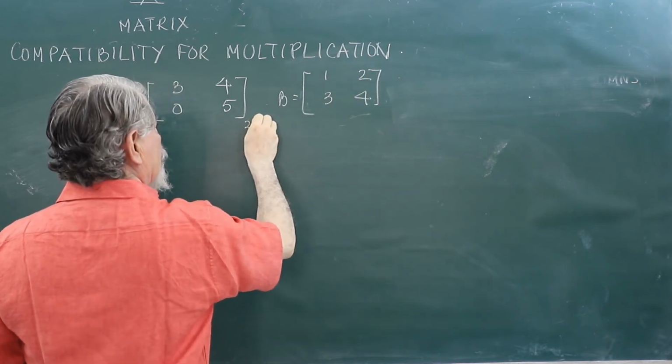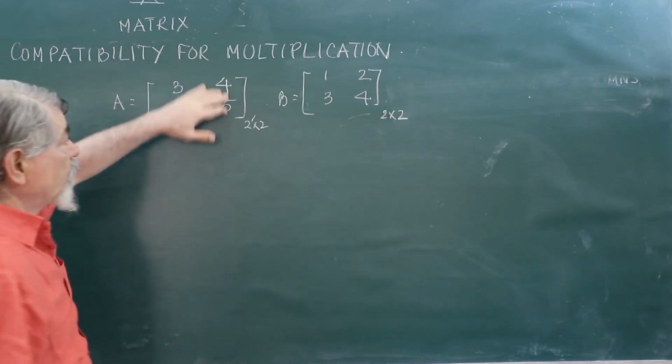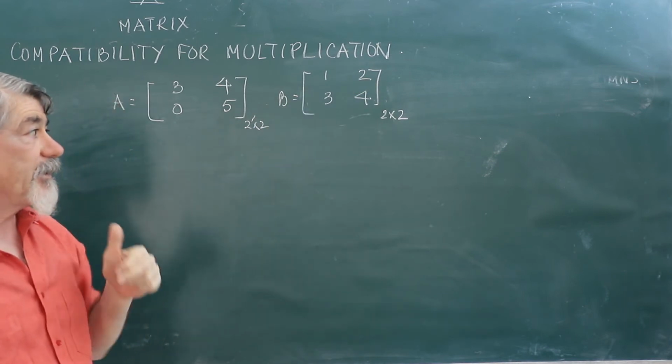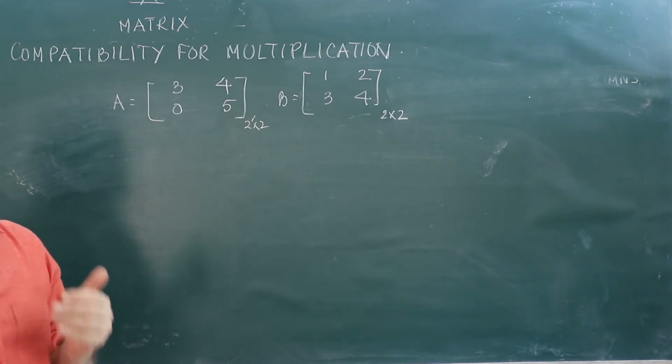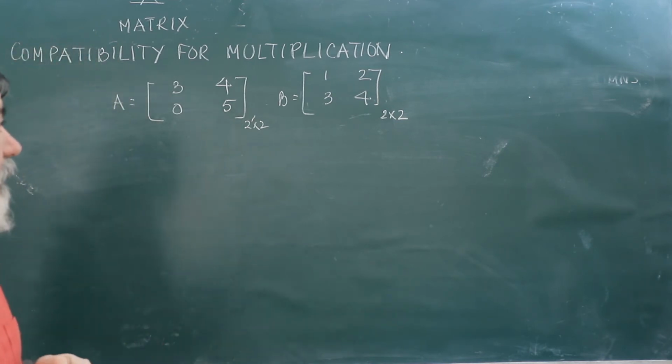Here the order is 2 into 2. Number of columns are 2, number of rows are 2. So matrix multiplication is possible. As I said, square matrices of the same order are always conformable for multiplication.